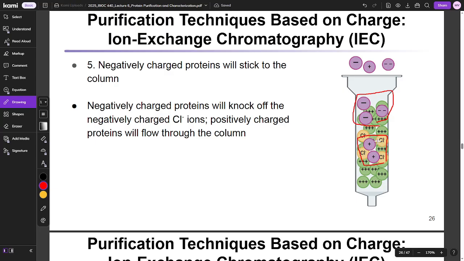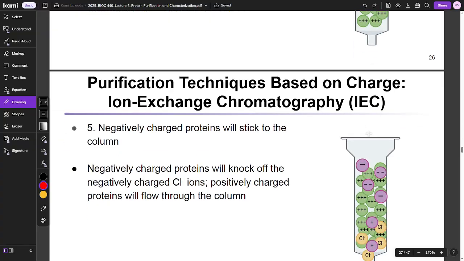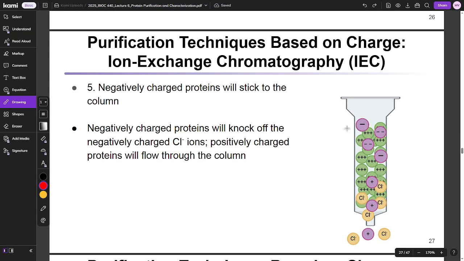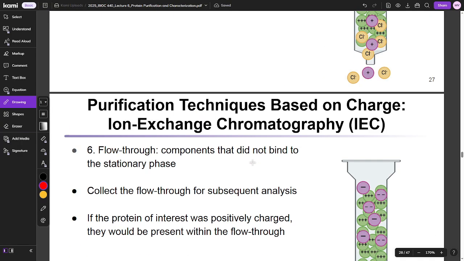They'll try to get attracted to these chlorides down here, but there's so much positive charge around here that they're going to be pushed down and out because like charges repel. Like I said before, negative ones will stick, and these charged proteins will knock off these chloride ions. And positive charge flows straight through the column.